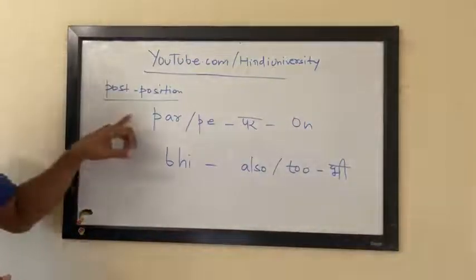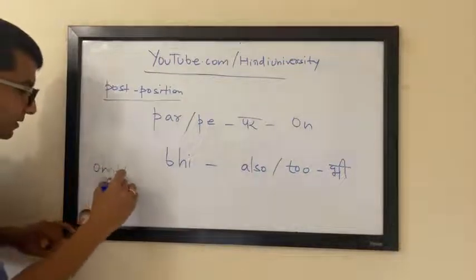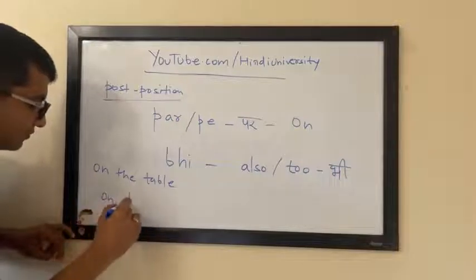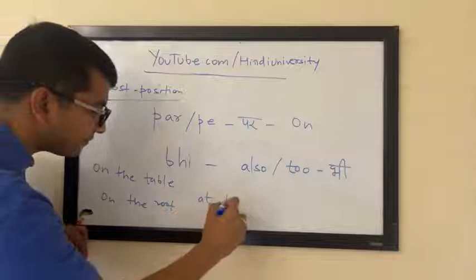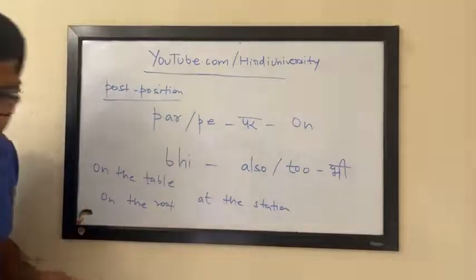These are common postpositions. In English, you will say on the table, or on the roof, or at the station, right?